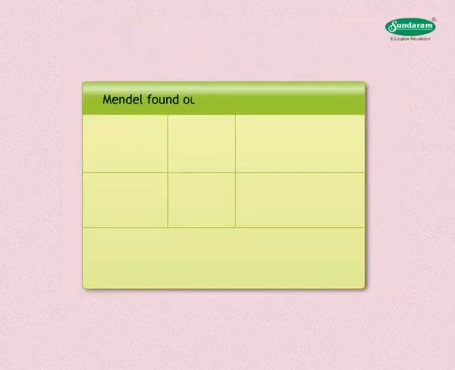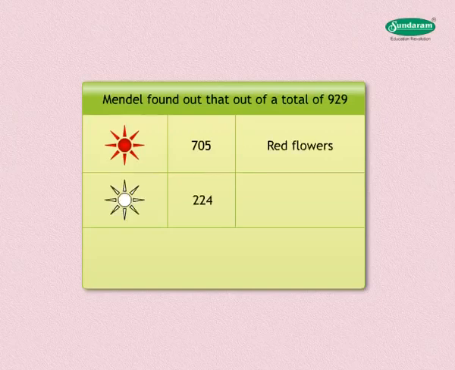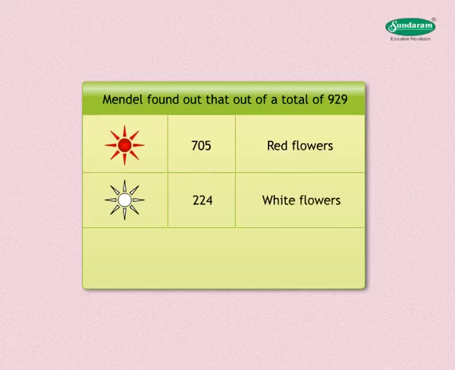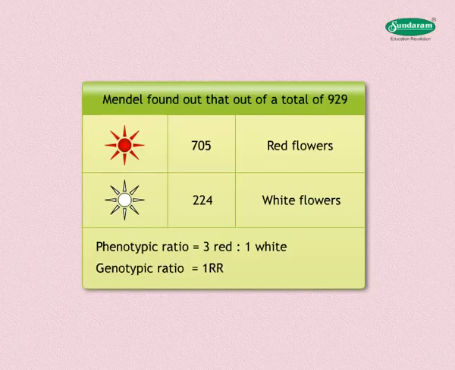Mendel found out that out of a total of 929 pea plants, 705 were red flowers and 224 plants were with white flowers. Thus, the phenotypic ratio is approximately 3 red is to 1 white. The genotypic ratio would be 1 RR is to 2 Rr is to 1 rr, which is based on genetic constitution.